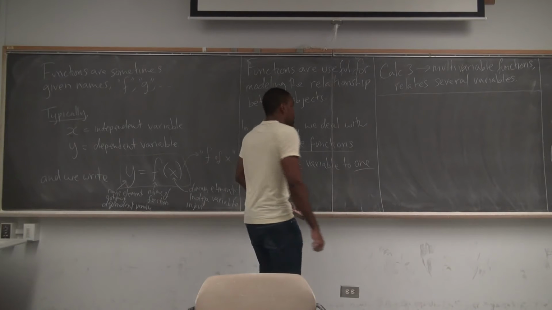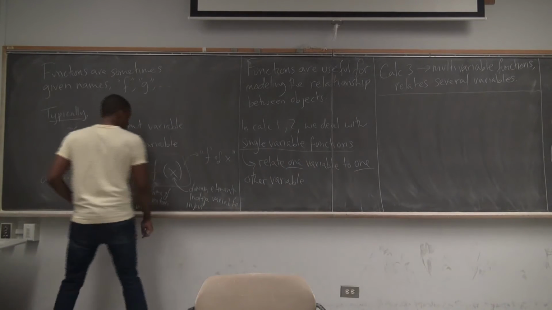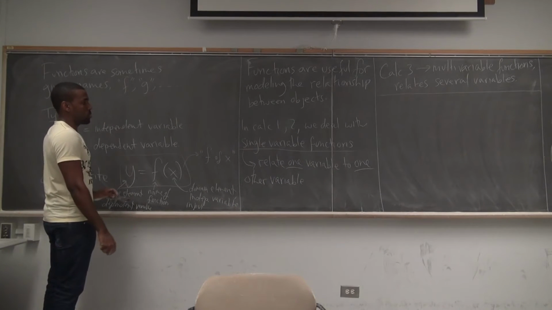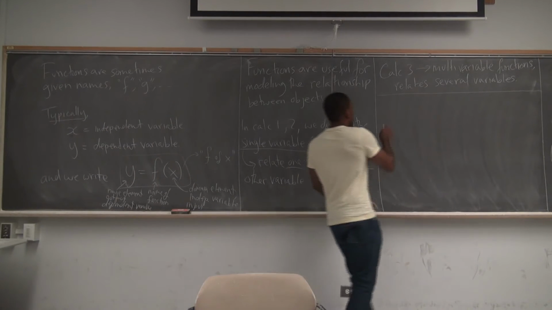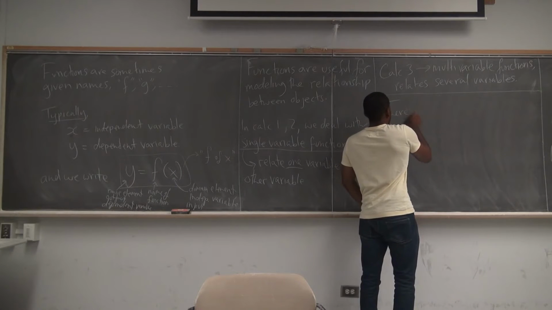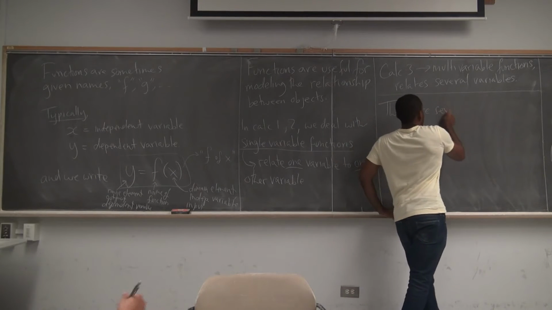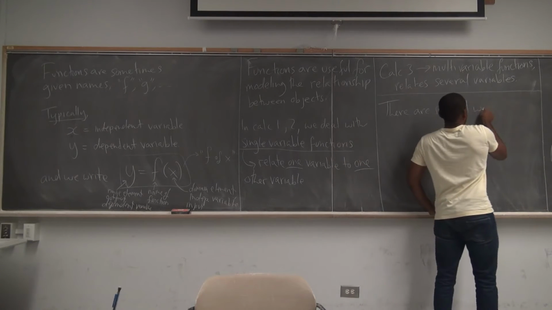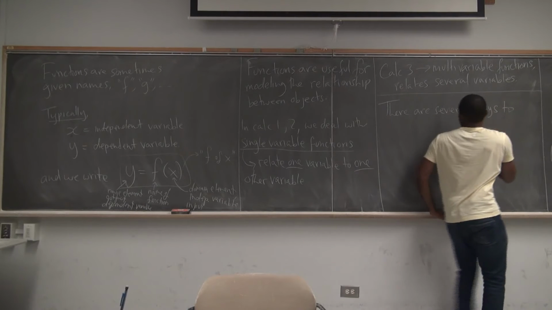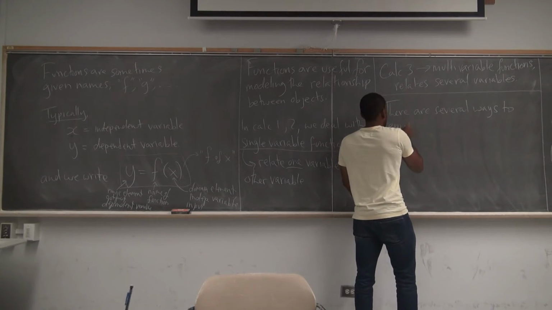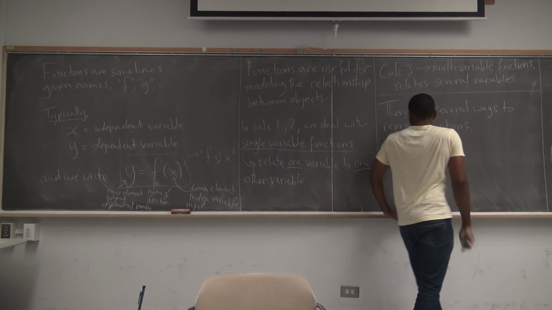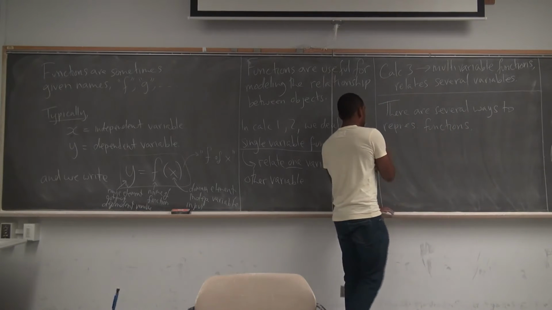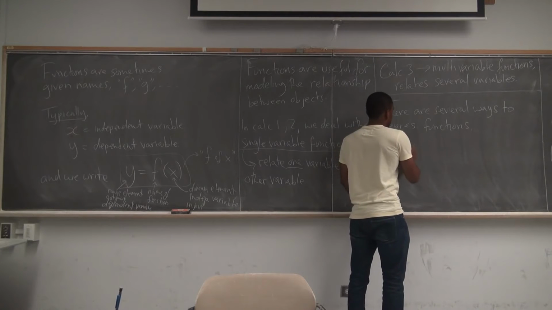So anything where I'm forming a relationship between two objects, we can do that with functions. And that allows us to throw math into the mix once we can represent something as a function. There are several ways to represent it. One, mapping diagrams.